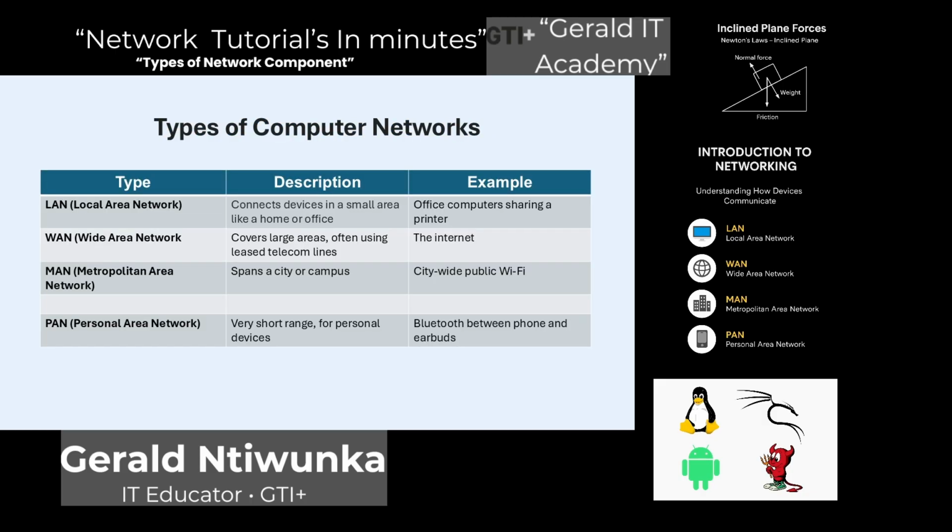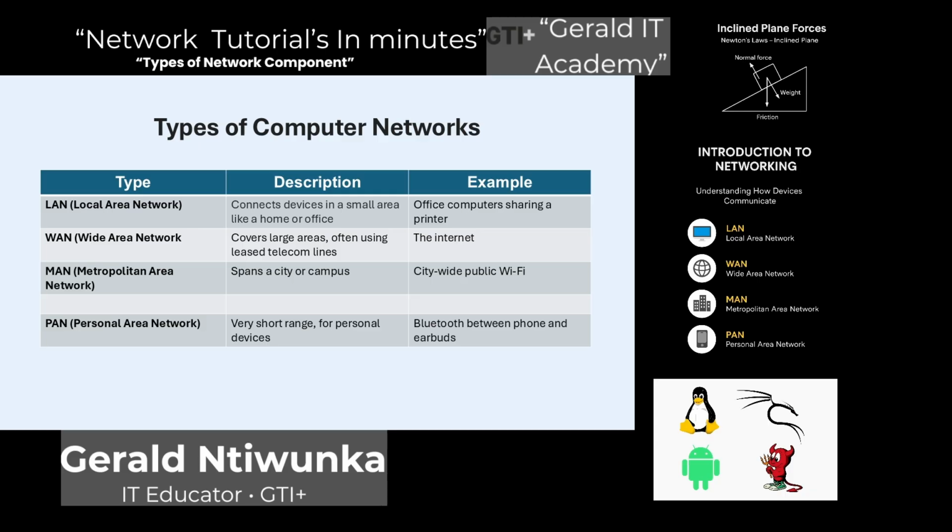Now we have the types of computer network that we are going to look into in detail in this lesson. We have LAN, which is local area network. We have WAN, which is wide area network.